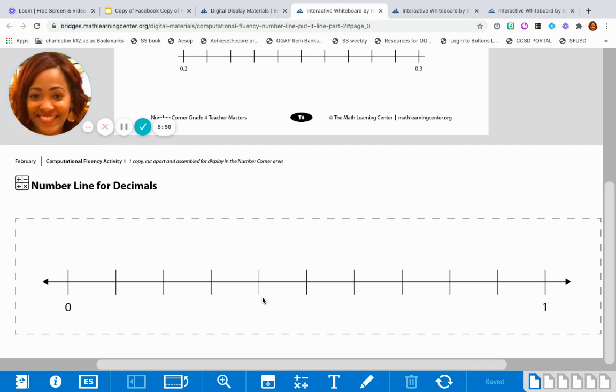And if you need to, you can draw a rectangle and separate that into 10 equal parts, or a circle, whatever model that you need to draw that can be divided into 10 equal parts.